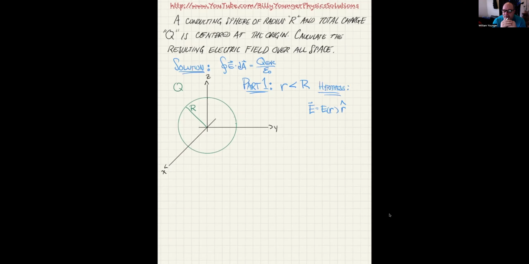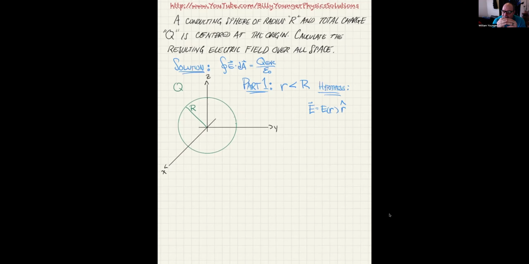Or the other option is, if I can't find a surface on which E is constant, and therefore E and dA are parallel, then I want E to be 0 or perpendicular to dA. Then that part of the flux through that surface integral, which is really what that left-hand side is, is 0. So that's the big trick.